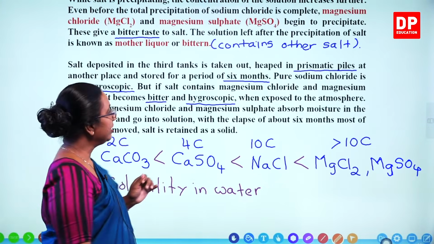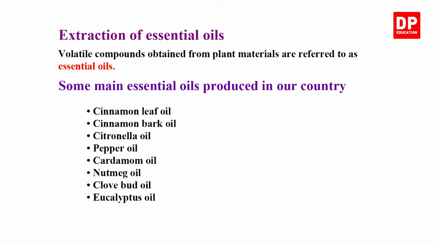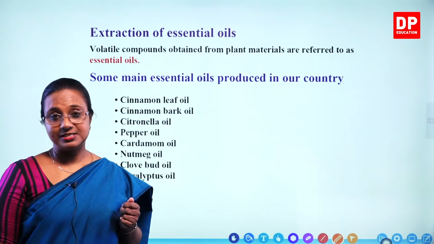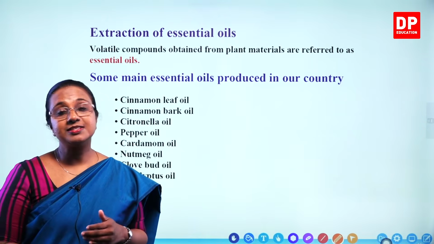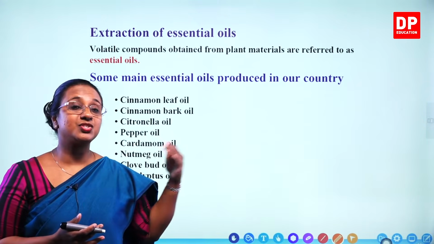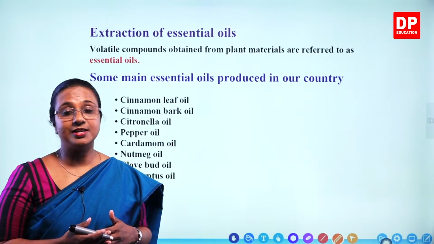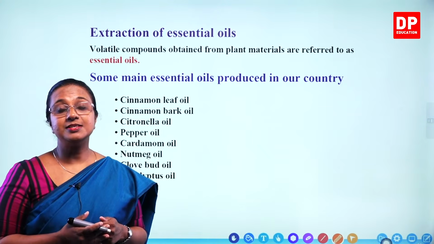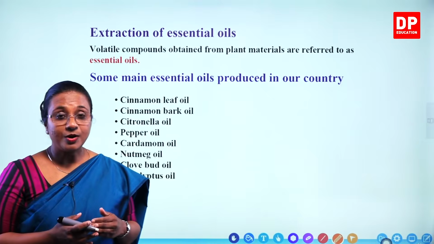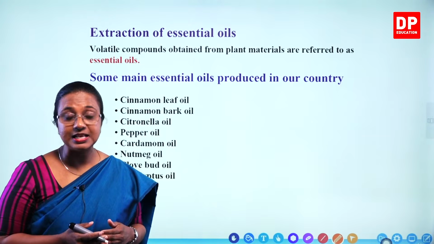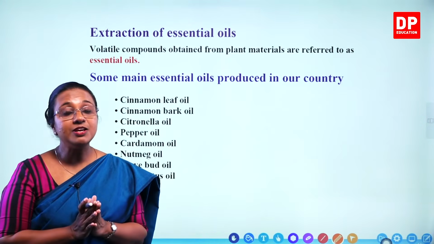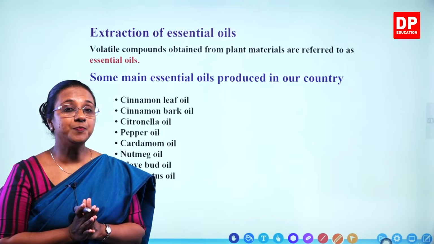Okay. With that, we will move on to the next industrial process, extraction of essential oils. You all already know what essential oils are, and we have discussed one method of extracting these essential oils. What was that procedure? It was steam distillation. And why did we use steam distillation there?